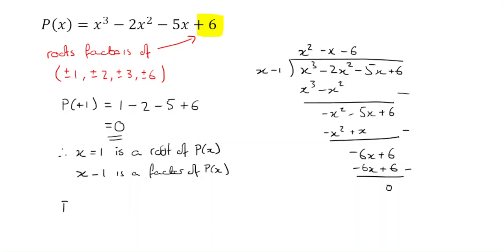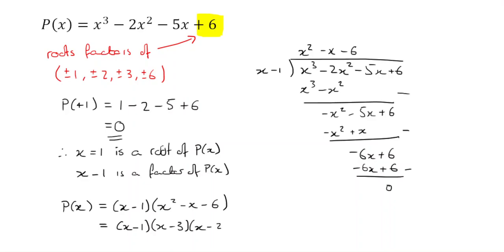So what have we just shown? We've now shown that the polynomial p of x can be written as x minus 1 times x squared minus x minus 6. And are we able to factorize that last quadratic? I think we can. So we can write this as x minus 1 times x minus 3 times x minus 2. Right?